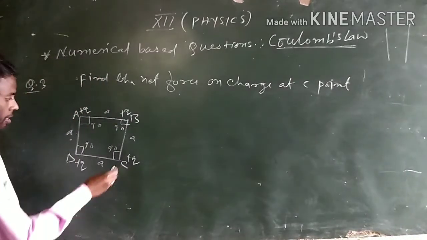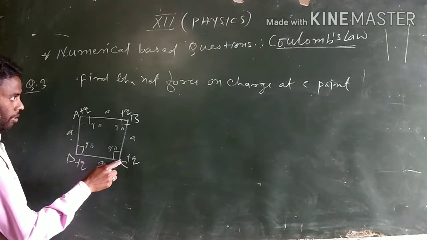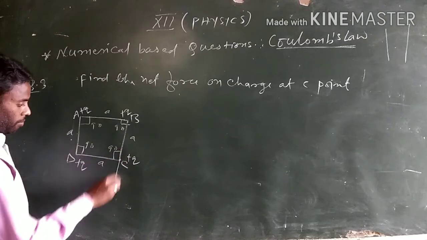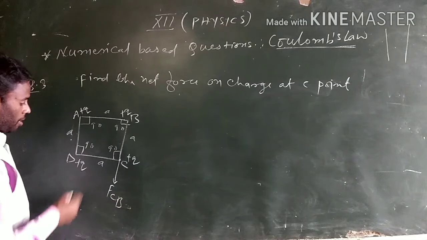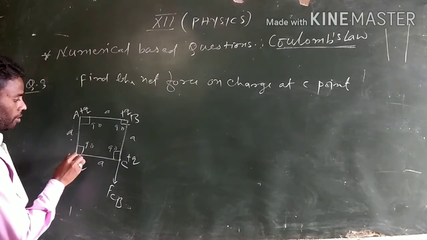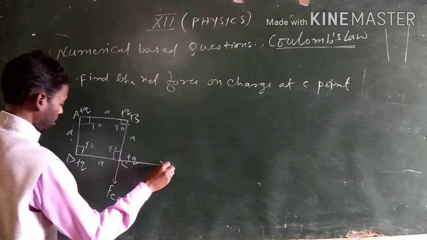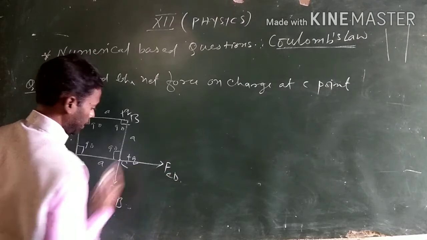That means here we have to find the force due to this point charge, which will be on this side. We can write F CB, and due to this charge, the direction of the force will be this side. That is our force CD.